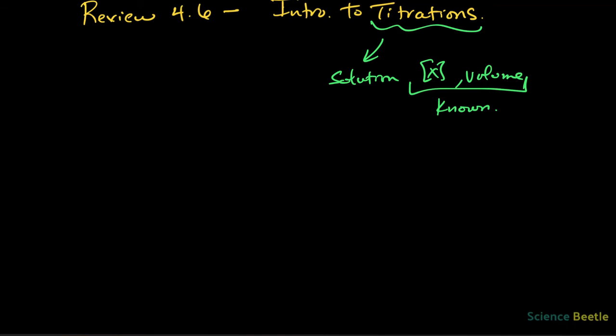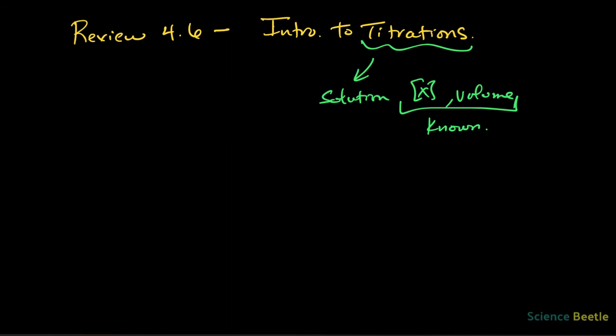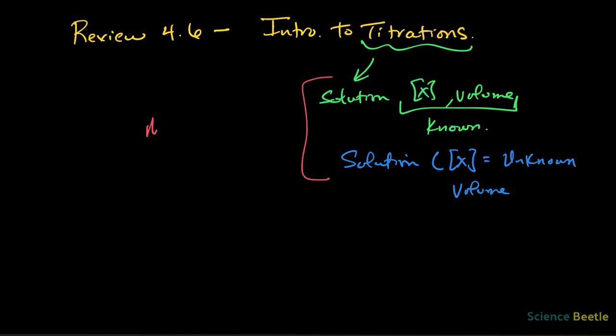And you're going to use this information to compare it to a solution with an unknown concentration. So the concentration here is unknown. You will know the volume, and the general equation for both of these is M1V1 equals M2V2. Okay, so this is the general idea behind a titration.